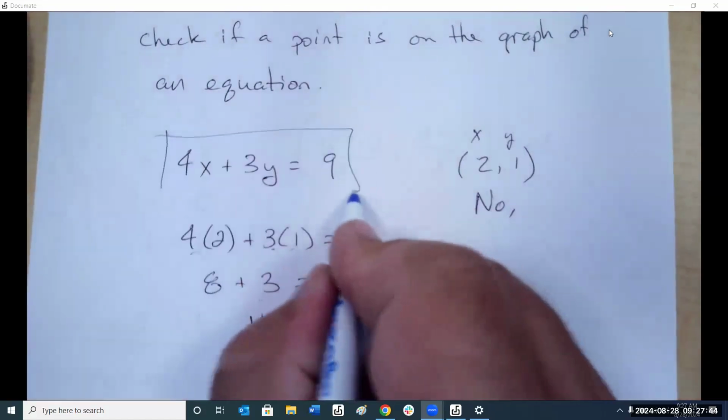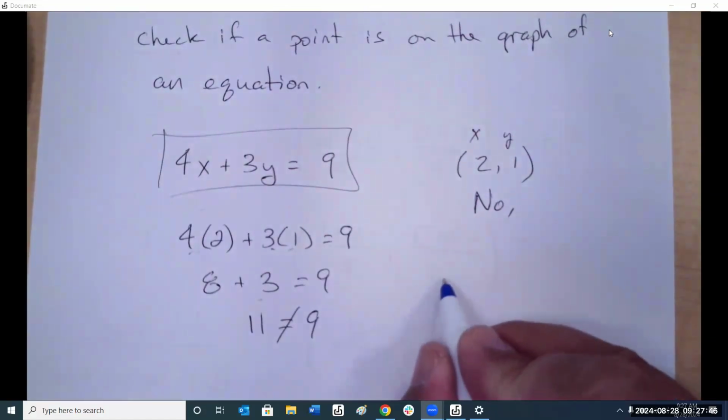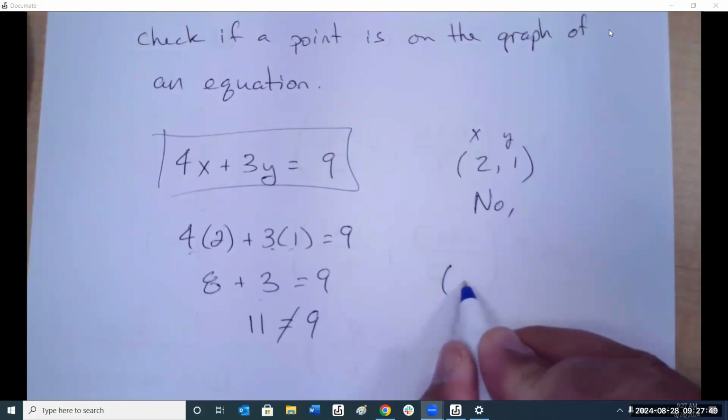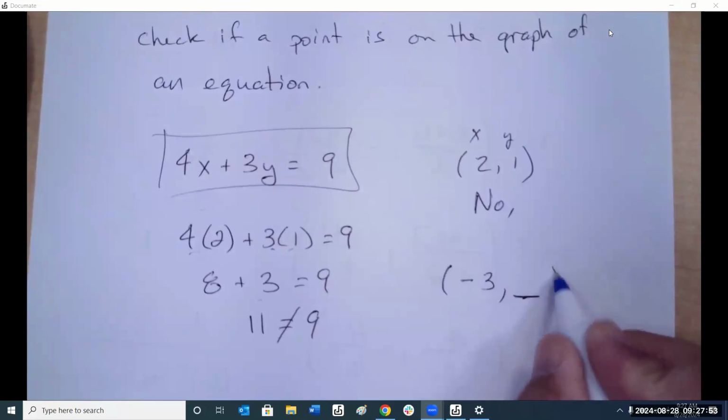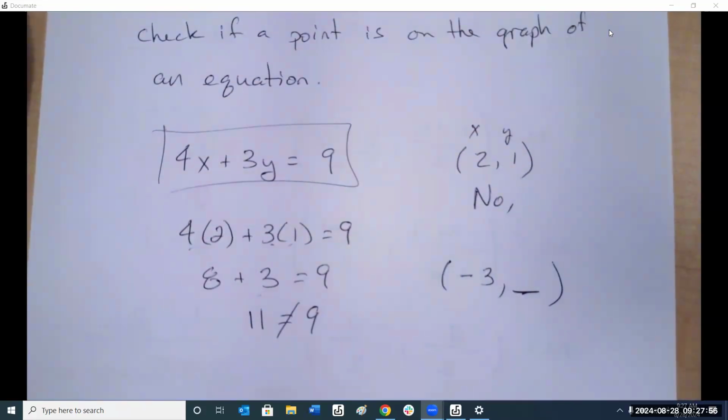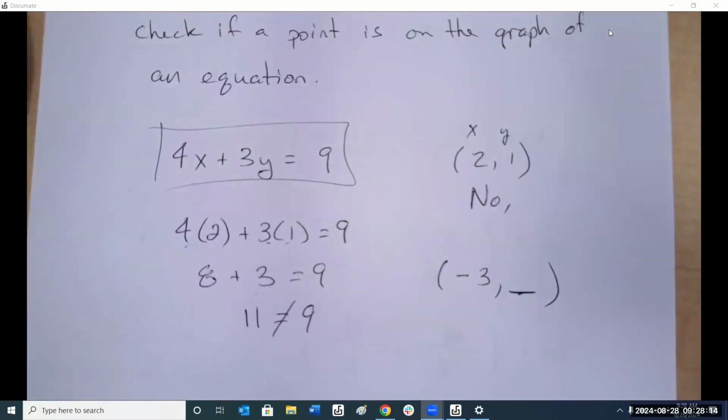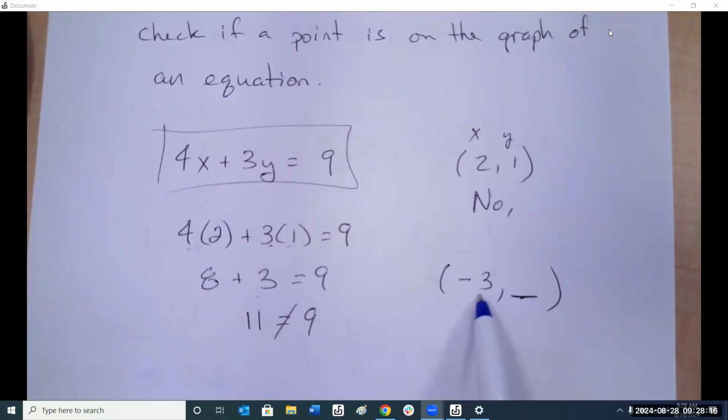All right, the same equation. Find me the Y value that makes that equation true. Okay, so what do we know so far?